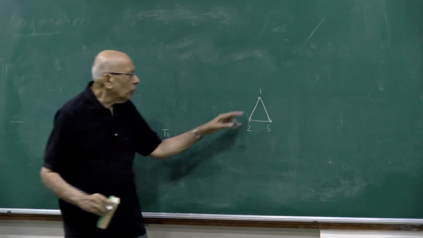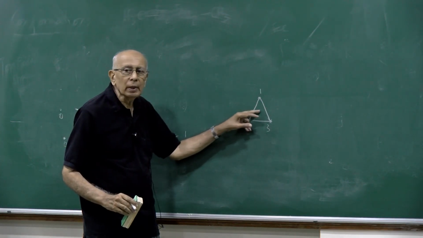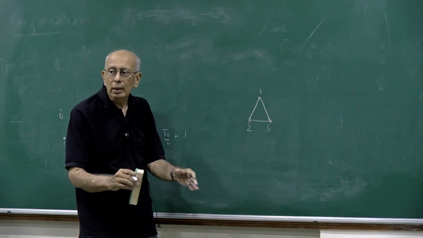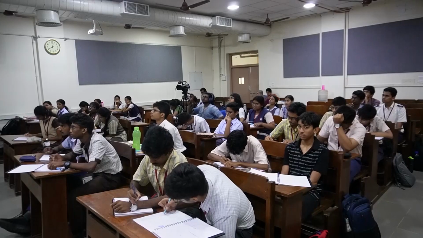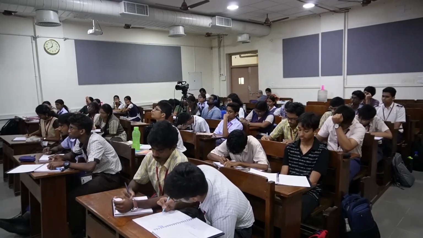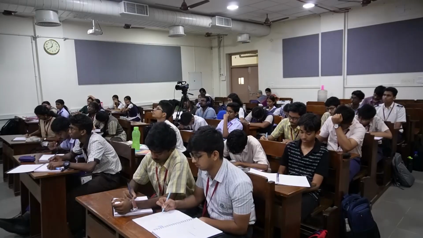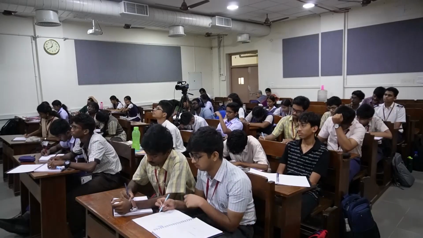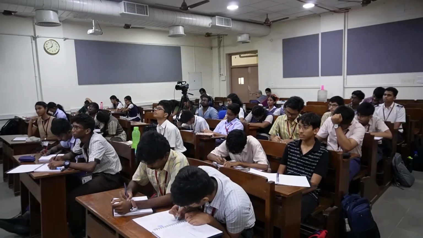And then he moves along each path with equal probability. As many paths as there are, he moves with equal probability. What is the mean time to start at 1 and hit either 2 or 3? The first time step, you either hit this point or this point.